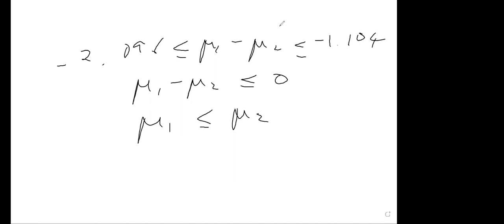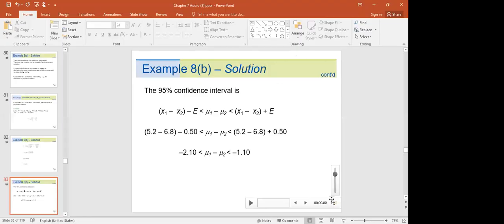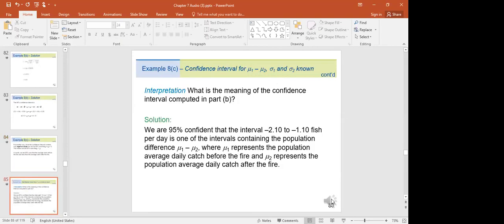That the average catch before the fire is less than the average catch after the fire, meaning that fires have improved fishing. Do you understand what we are saying here? Yes. That means the average before is less than the average after. So that's the interpretation we have here.